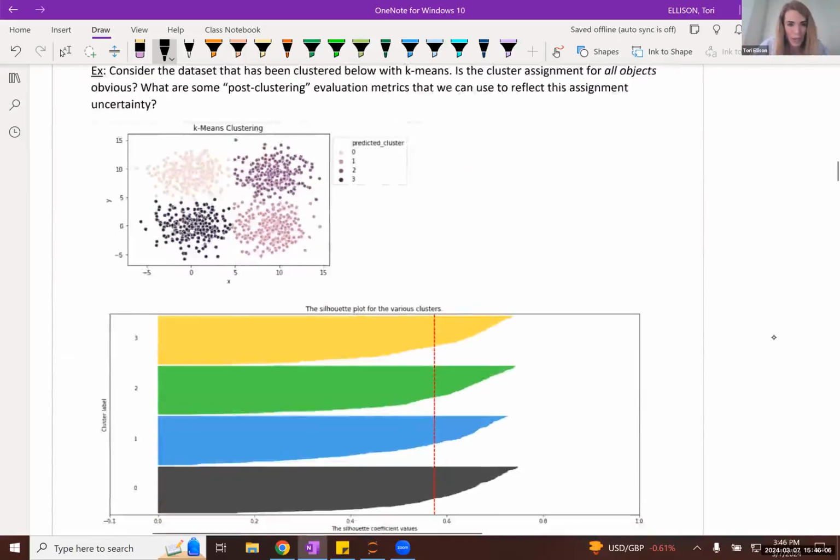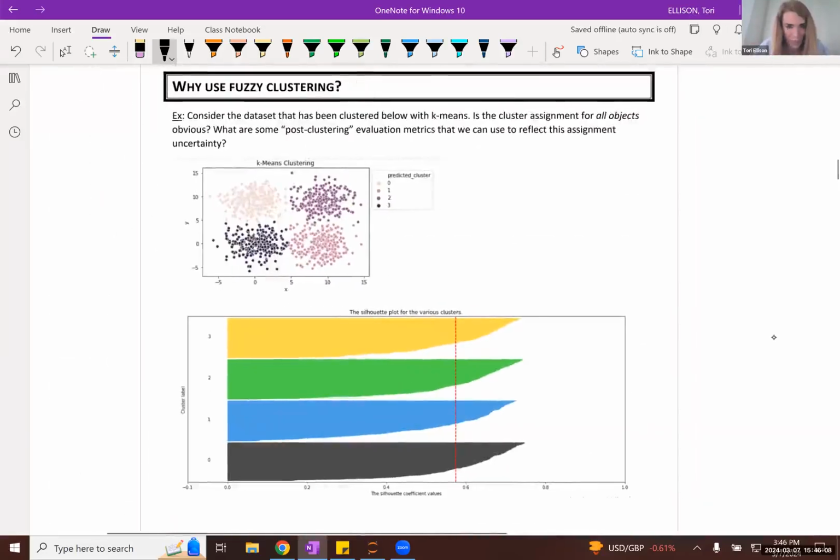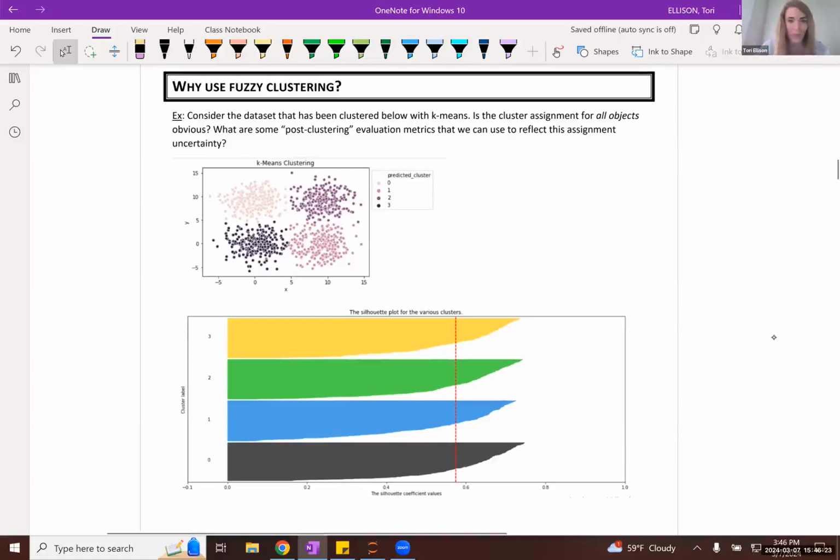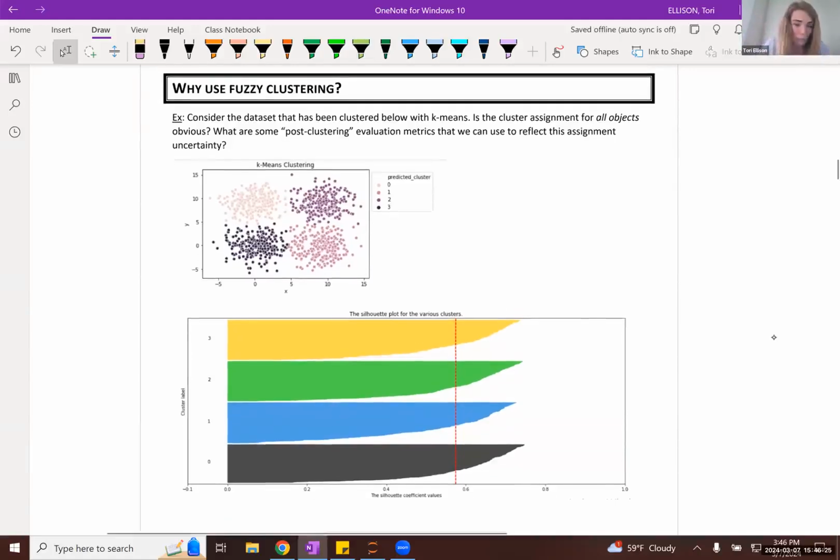So to some extent, we've used some of our clustering evaluation techniques to reflect that a given observation may not be as well assigned to one and only one cluster, right? So for instance, we have a data set such as this, where we definitely have some straddle nodes present in the data set and in the clustering that we found.